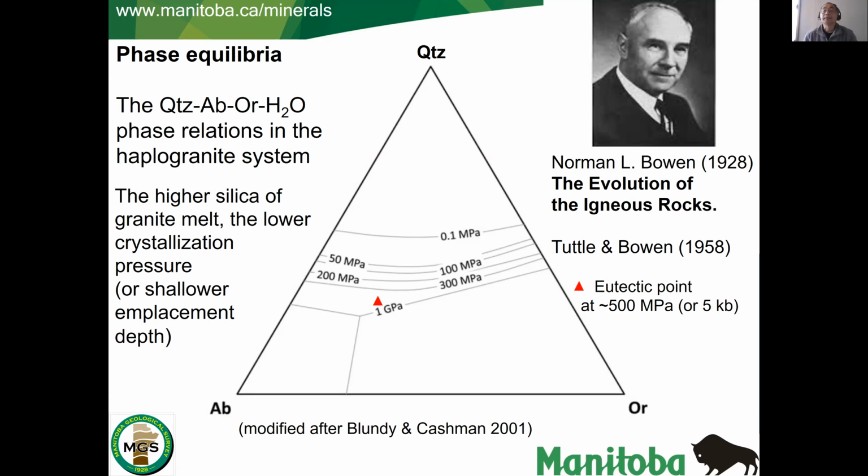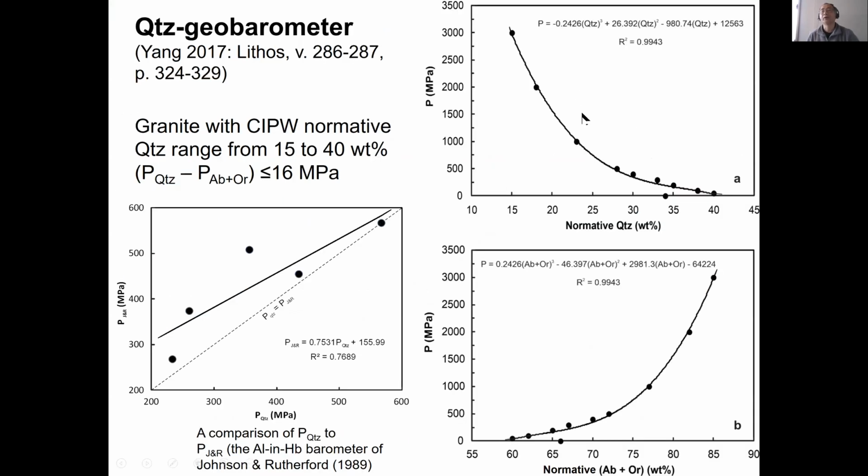Based on the existing experimental data set, I got a very interesting curve, which I call the quartz geometer, that correlates the crystallization pressure with the normative quartz. It is a beautiful curve that can be described by a polynomial function.